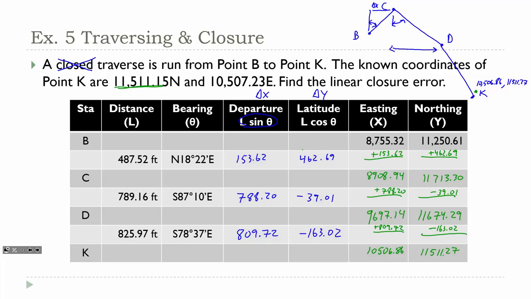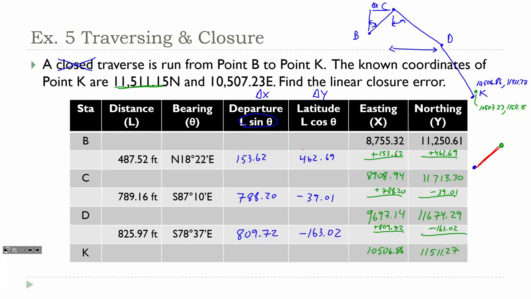Okay, so here's that point, which is 10,507.23, comma, 11,511.15. The linear misclosure is the straight line distance.